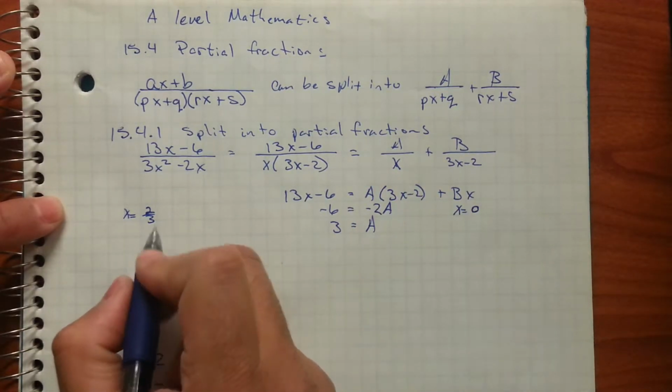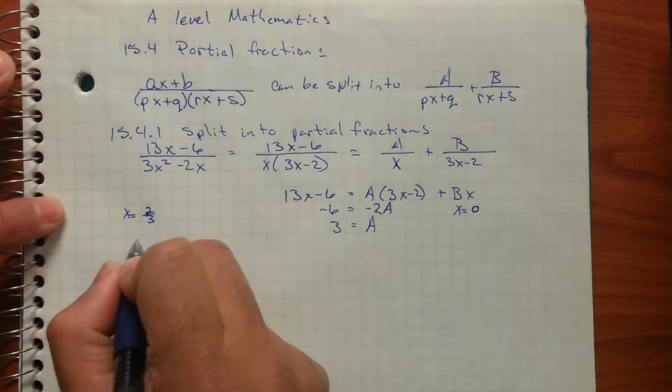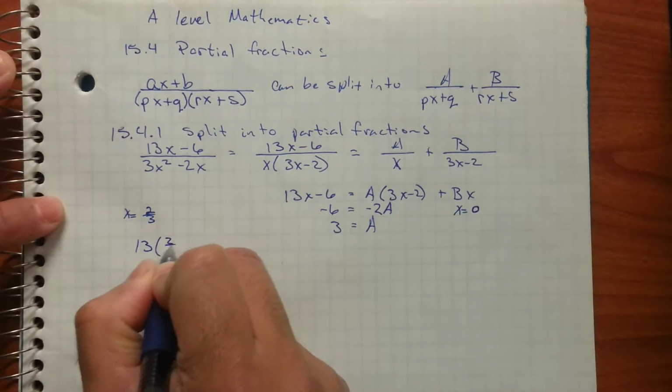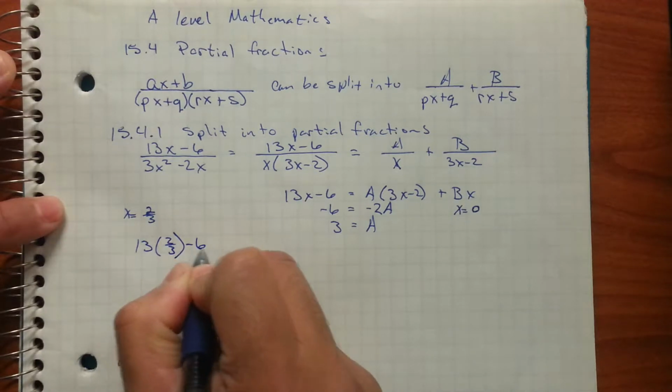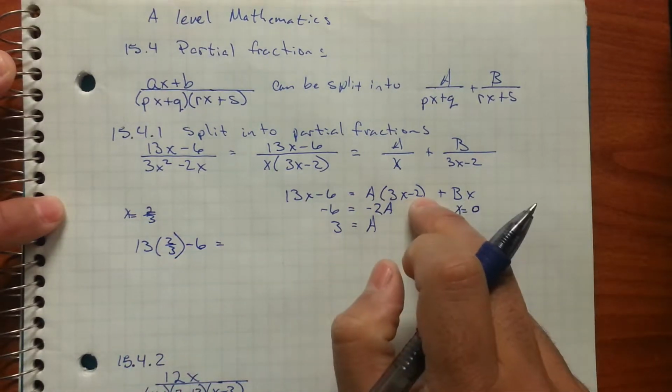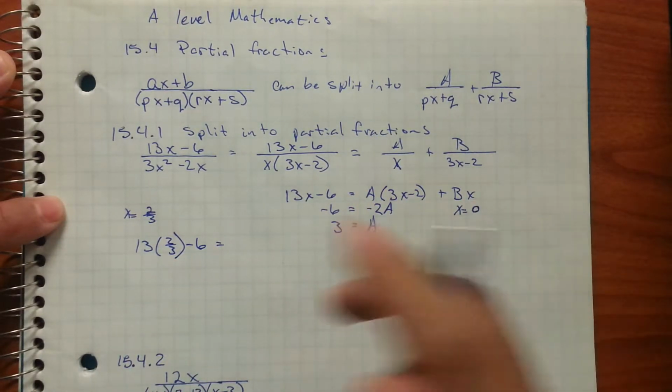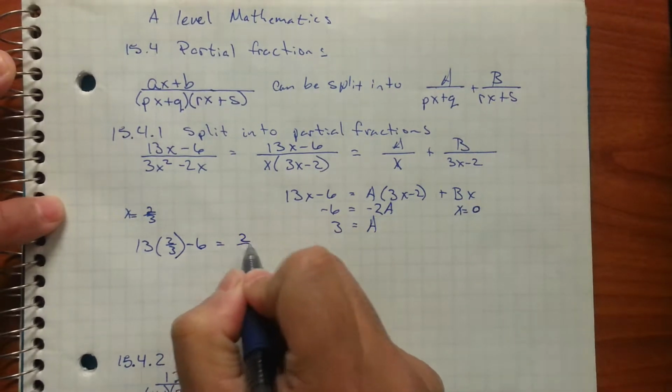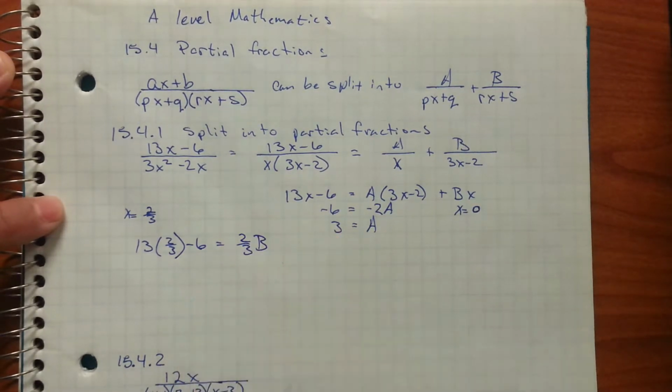So I would end up with, right here, 13 times 2 over 3 minus 6 equals that 0, so that goes away. This is going to be 2 over 3 B here.